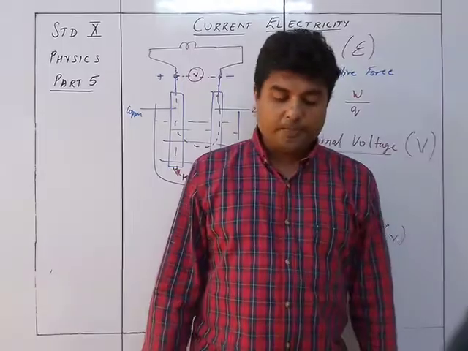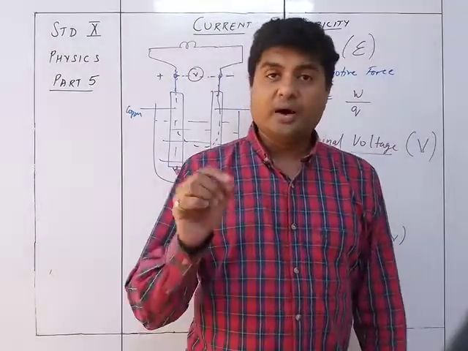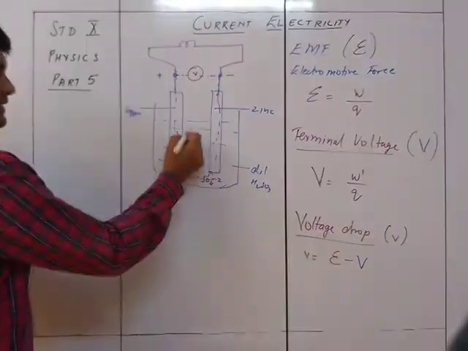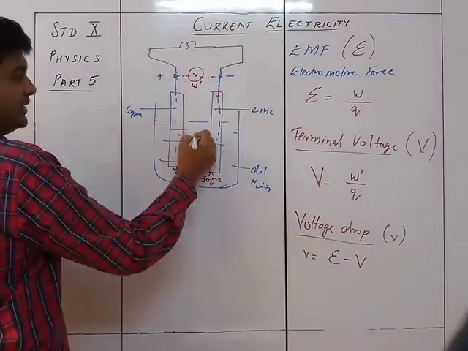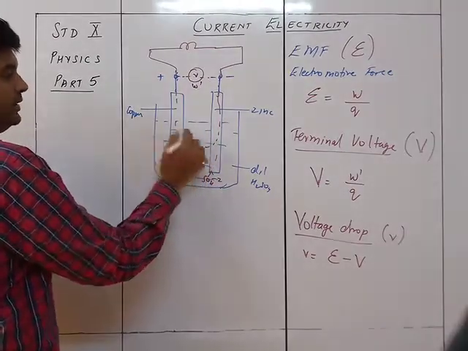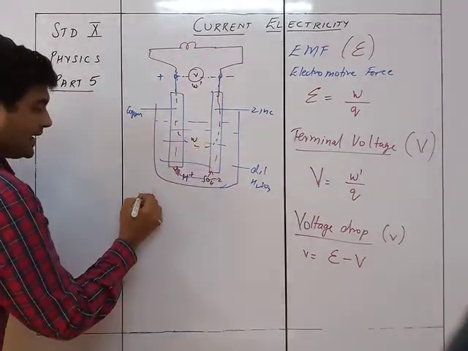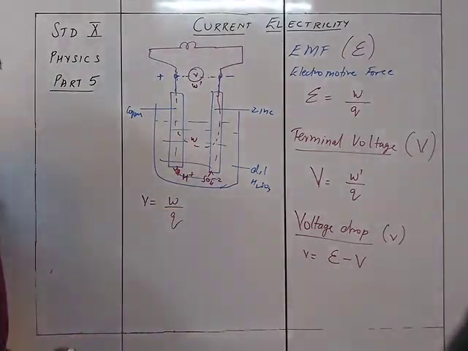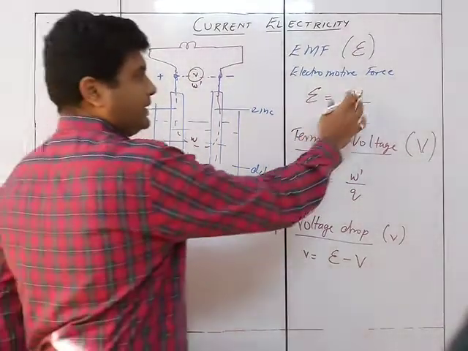So voltage drop can be work done inside the cell, that is going to be small w. So outside the cell is W dash, inside the cell is small w. So we know that small v will be equal to small w upon small q.